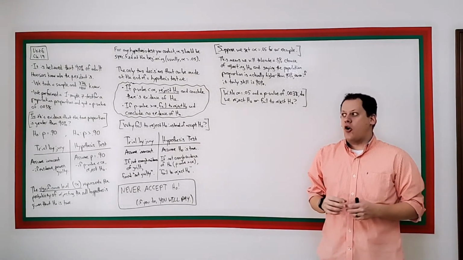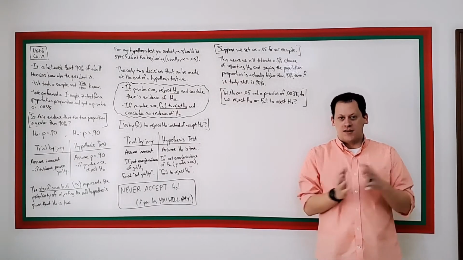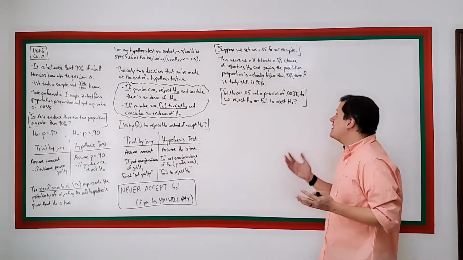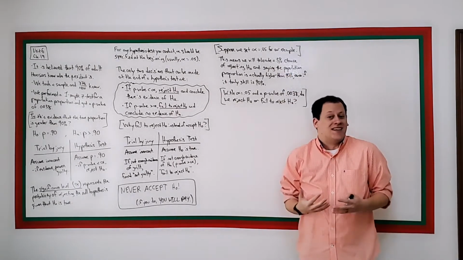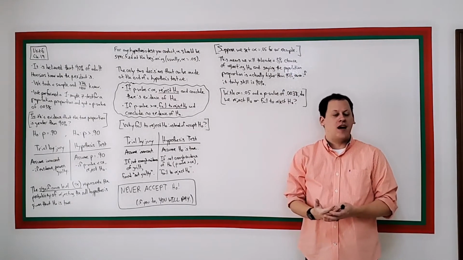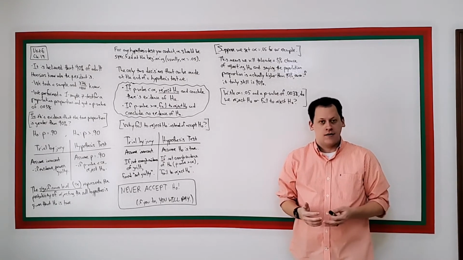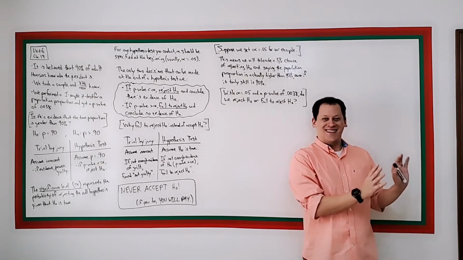So that would be like wrongly concluding that the proportion is higher than it actually is. That is an interpretation of what alpha is saying. If we set it at 0.05, there's a 5% chance of making that error.